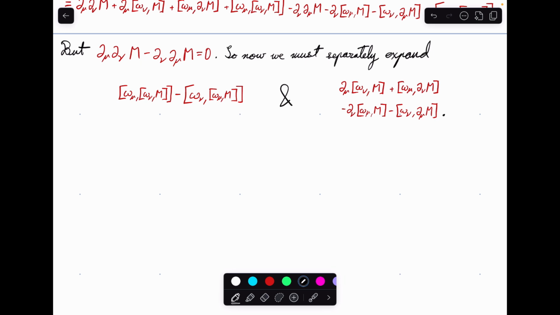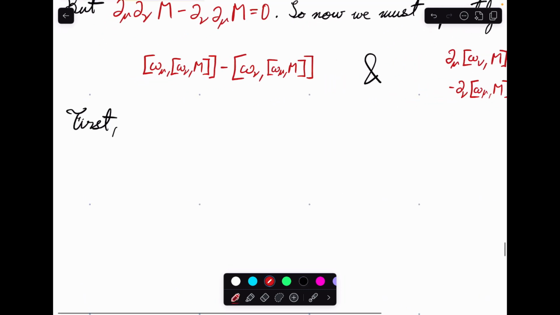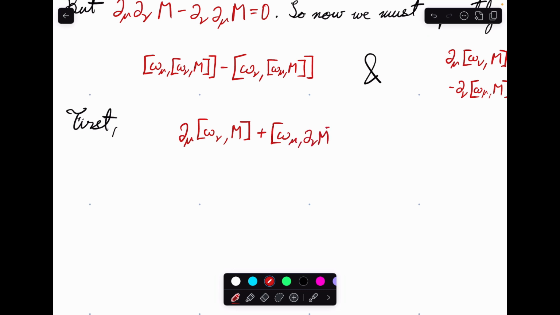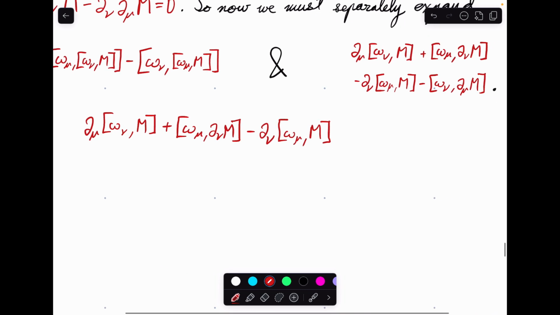So first, we have partial mu of omega nu m, then plus omega mu partial nu, then minus partial nu omega mu m minus omega nu partial mu m.